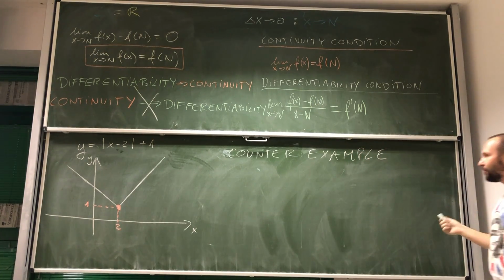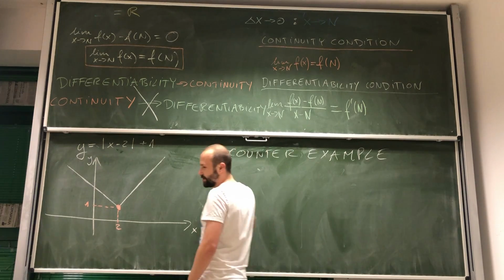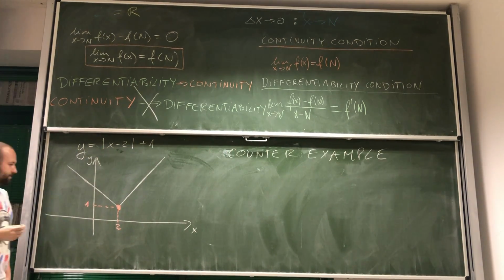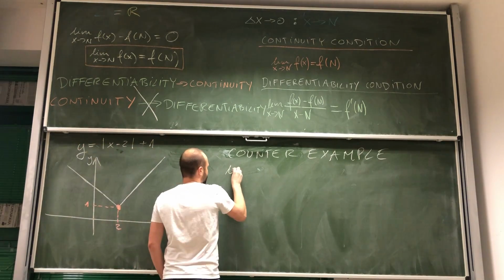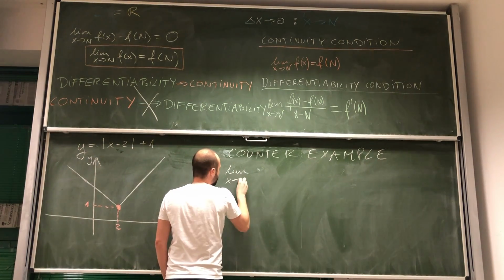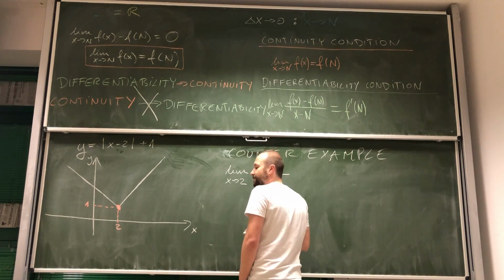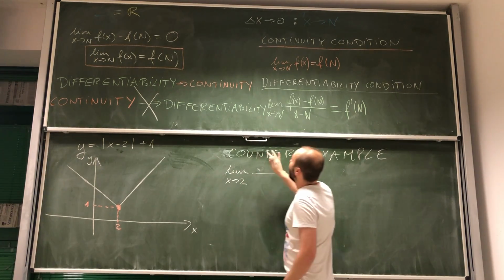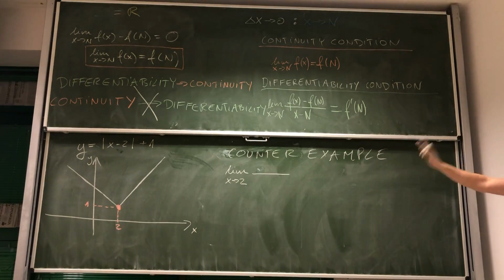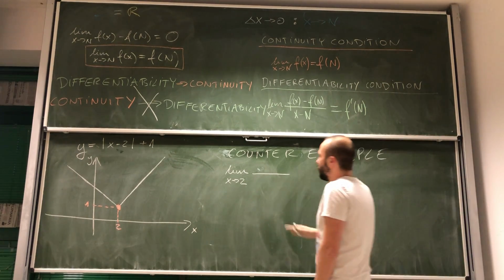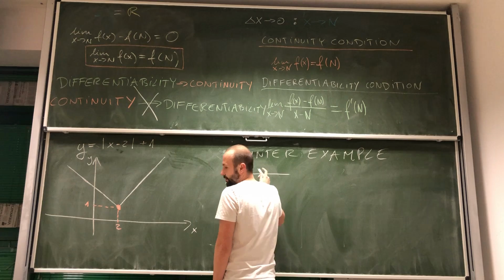In our case, what we need to do is to show that the limit with x approaching 2 of the expression f of x minus f of n over x minus n does not exist.